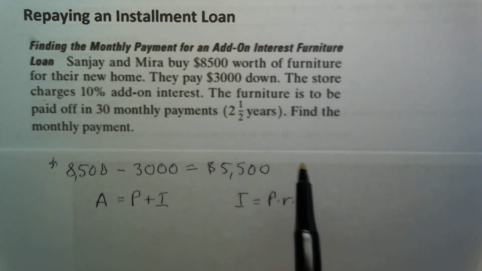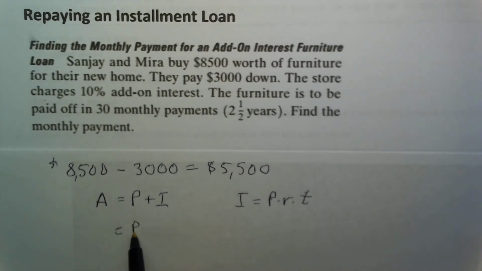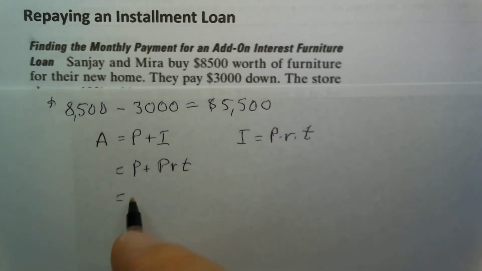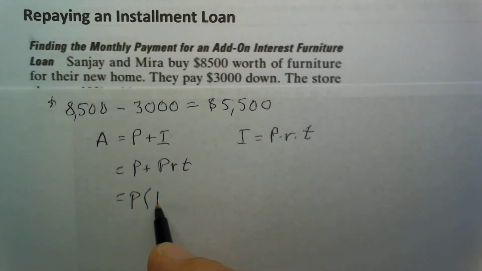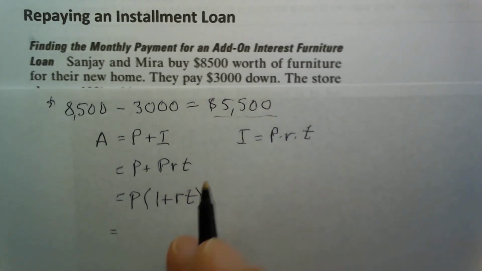Here we have 2.5 years. So that becomes P plus P times R times T, or P times (1 plus RT). In this case, the amount P is what needs to be financed, $5,500.